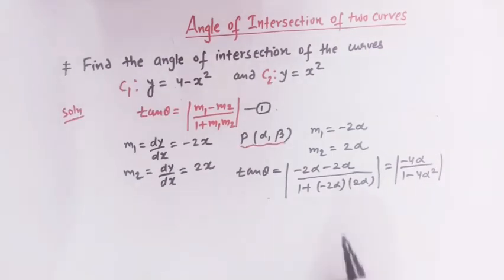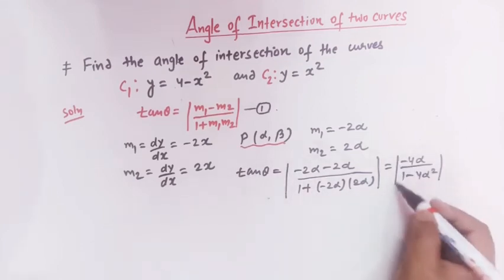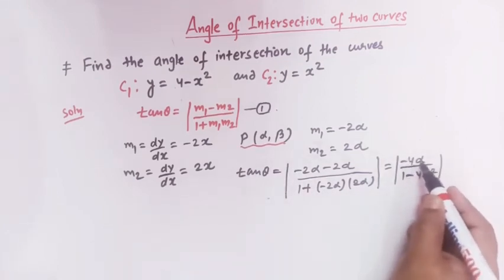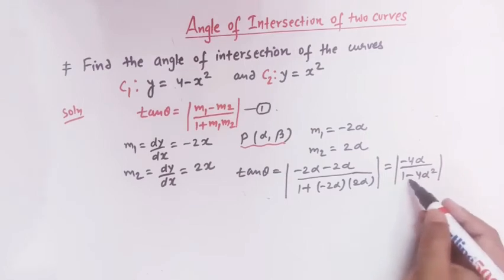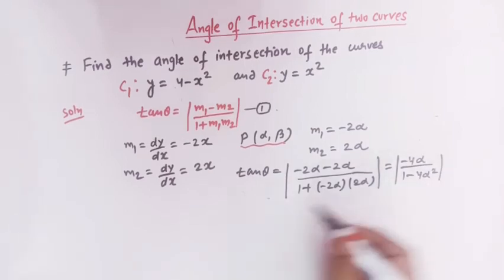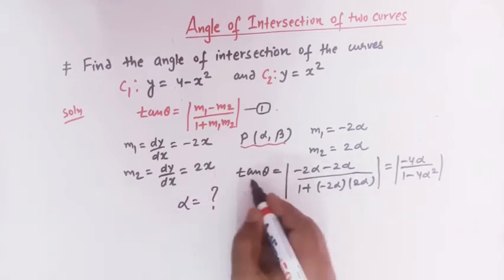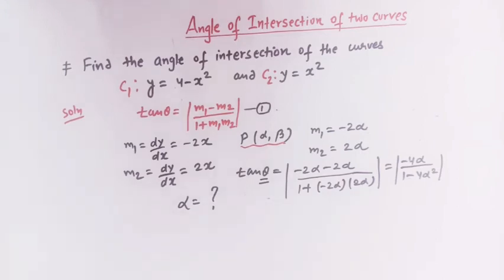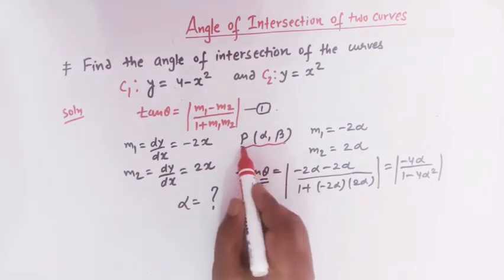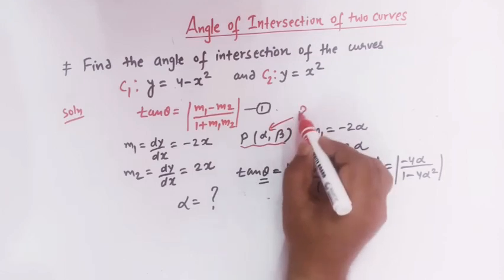So now here we have tan theta is equal to the absolute value of minus 4 alpha divided by 1 minus 4 alpha square. If we now know the value of alpha, then we can find out this angle theta. In order to find out the value of alpha, we see that this point P is the point of intersection.